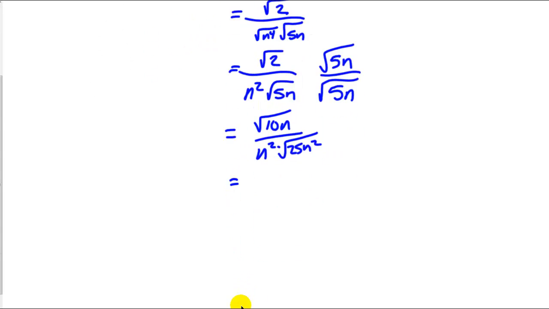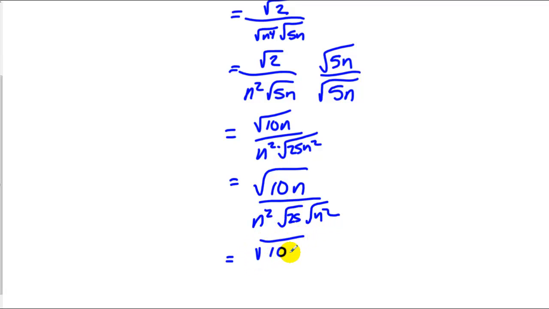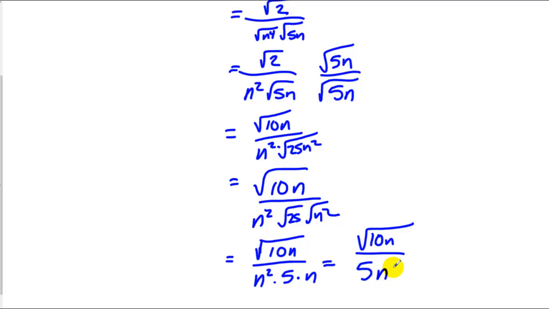And you'll notice I can split that apart to root 10n over n squared root 25 and root n squared. Each of these terms in the radical in the denominator is a perfect square. This goes to root 10n over n squared times 5 times n, or square root of 10n over 5n cubed. And that's simplified.